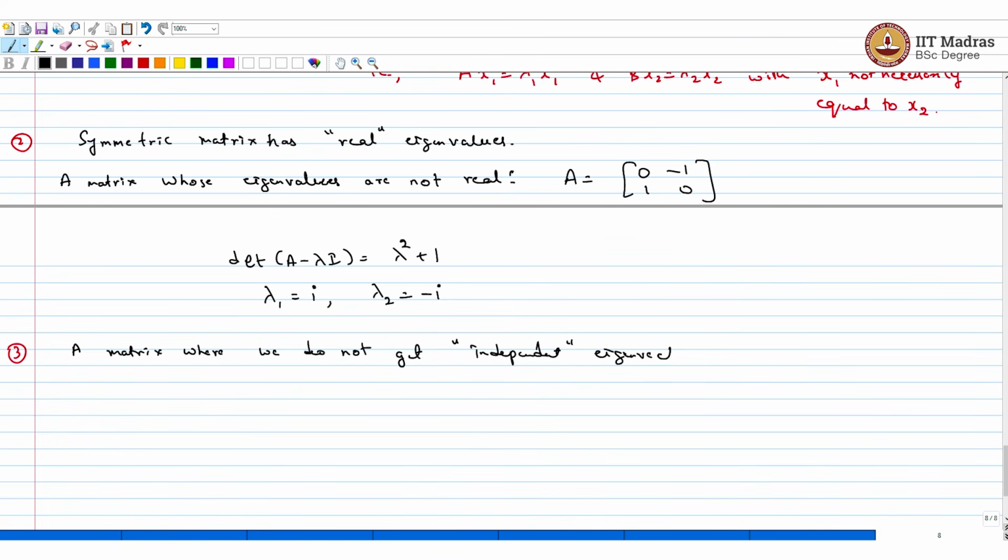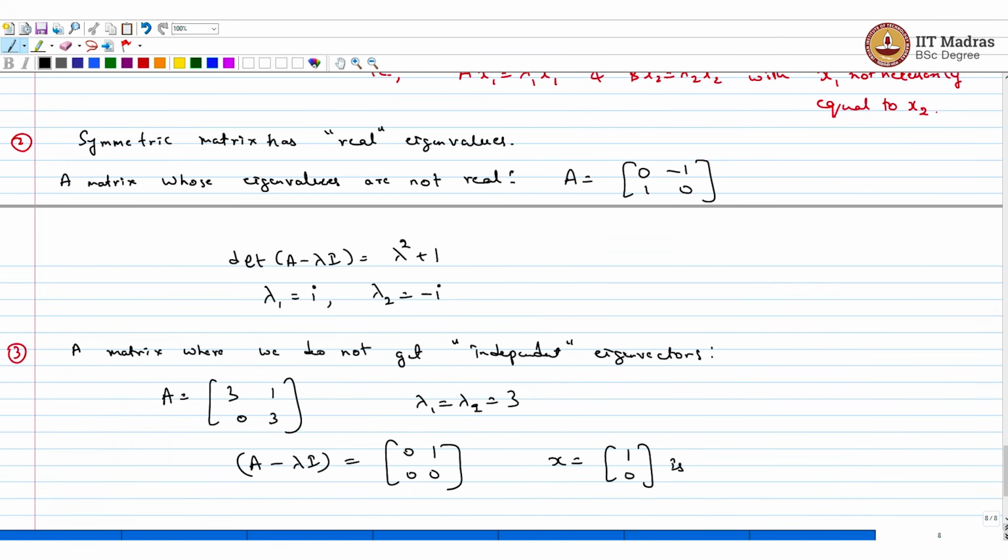Let's take this matrix [3 1; 0 3]. It's easy to see that lambda 1 equals lambda 2 equals 3. Now, A minus lambda I is [0 1; 0 0]. So the only possible non-trivial eigenvector x is (1, 0).